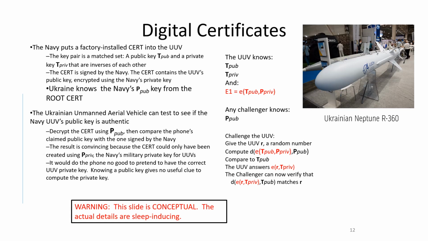If you encrypt something using this public key, then this unmanned underwater vehicle can survive that challenge. He can decrypt it and tell you what the decrypted random number is. So the certificate is itself signed then by the higher authority. So I'm trusted by some higher authority. You trust that higher authority.